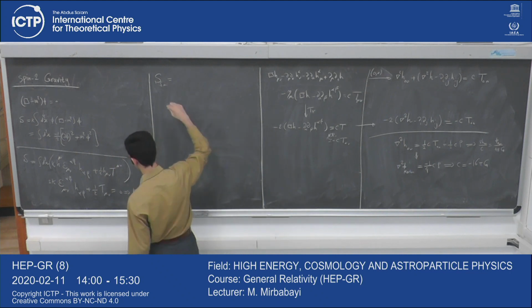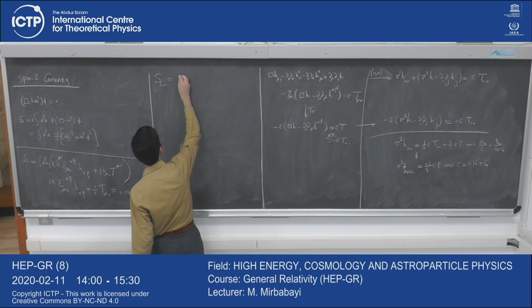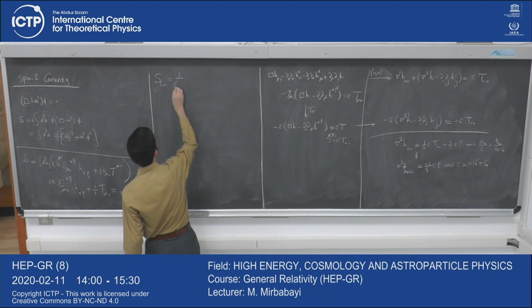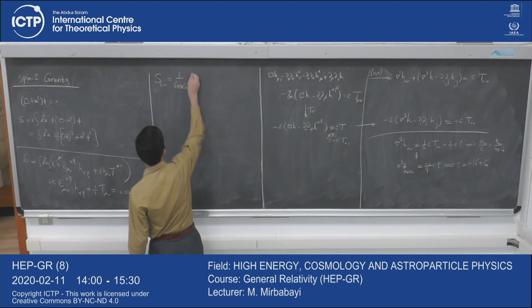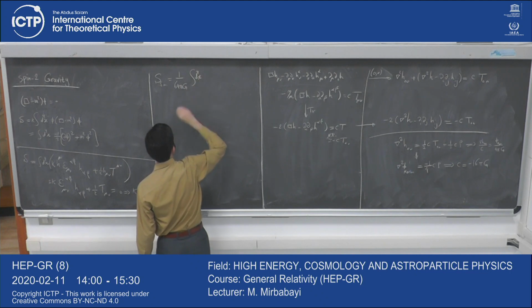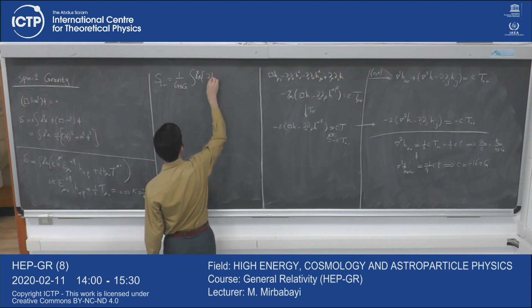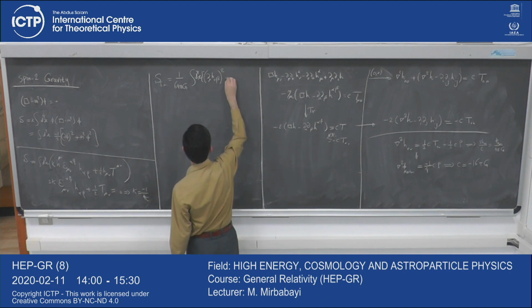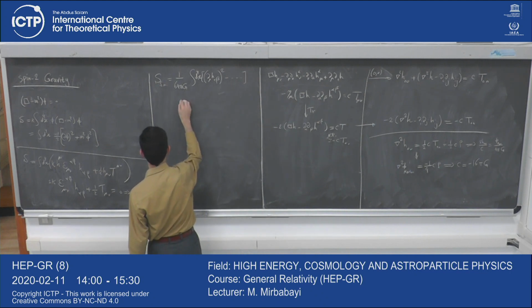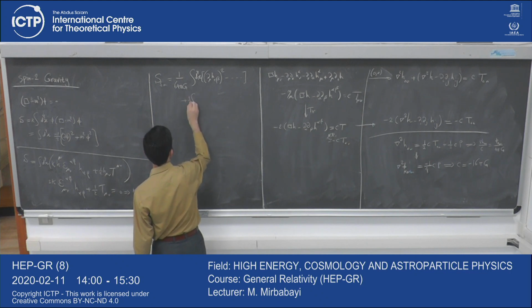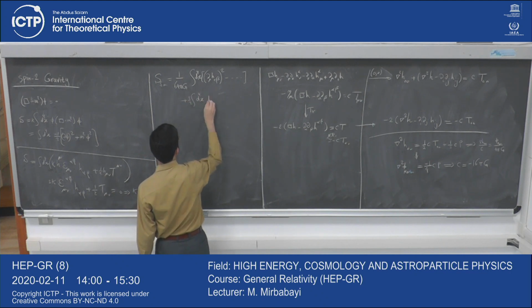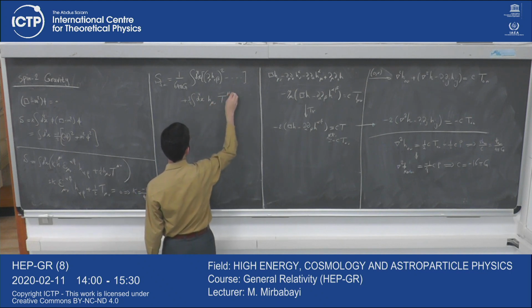If I plug that value for C in here, I get 1 over 64 pi G integral d4x, and then I will have the derivative mu of h alpha beta squared plus a bunch of other terms. And now, of course, there is a coupling with the source: plus 1/2 integral d4x h mu nu t mu nu.